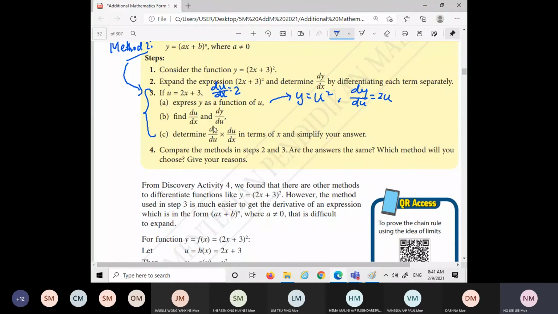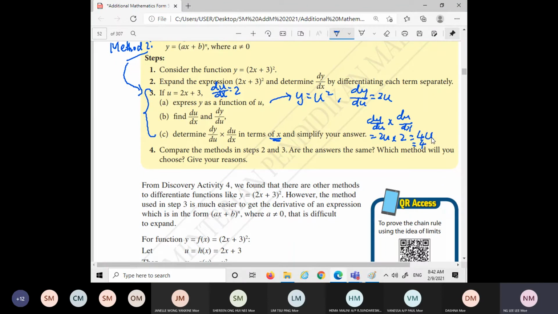Okay, so next step I'm going to do dy/du times du/dx. dy/du is this, 2u. du/dx is this, 2. So the answer is 4u. But they want you to state it in terms of x, not in terms of u.